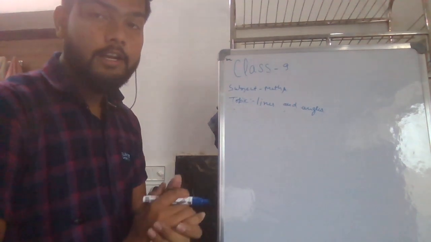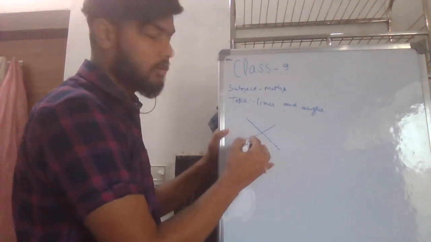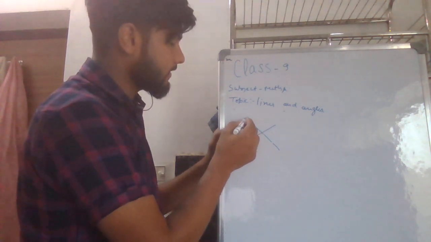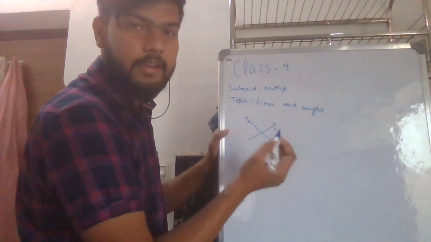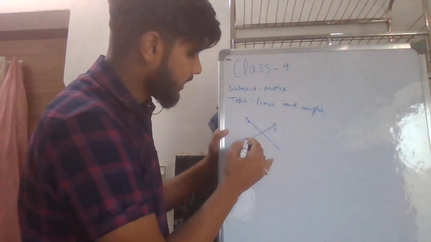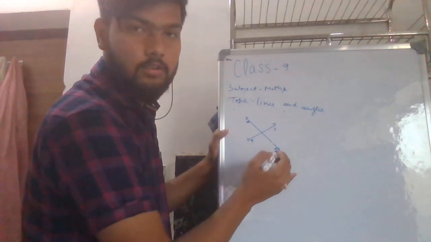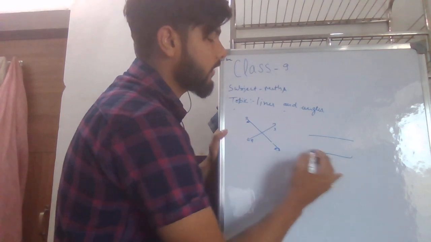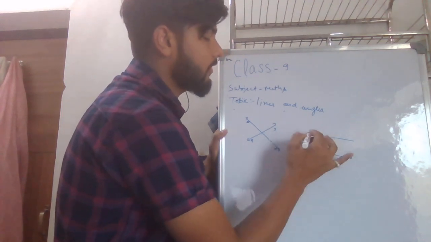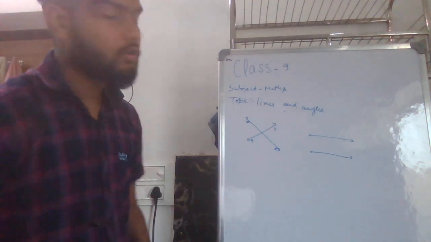I will show here two lines. Like, I will draw two lines first. Here I will name these lines, we can use any names, like P Q R S. Okay, now add one more line like this, and you have to tell me what you can infer after seeing these lines.